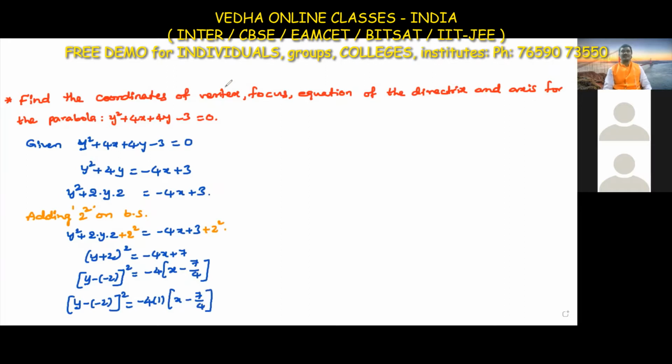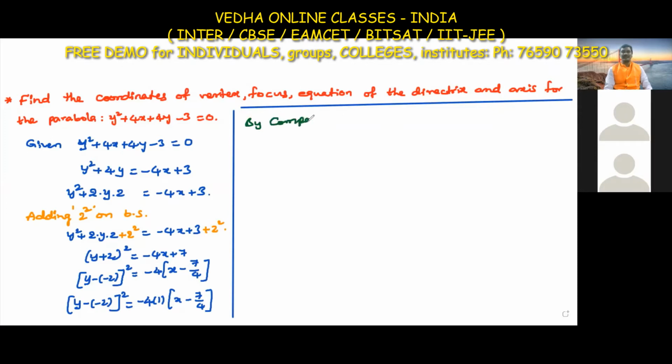Now compare with the equations and properties table, which we already discussed. Which equation is it? It is the sixth equation: y minus k whole square is equal to minus 4a times x minus h.